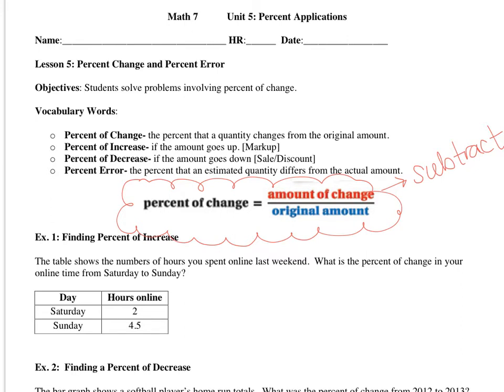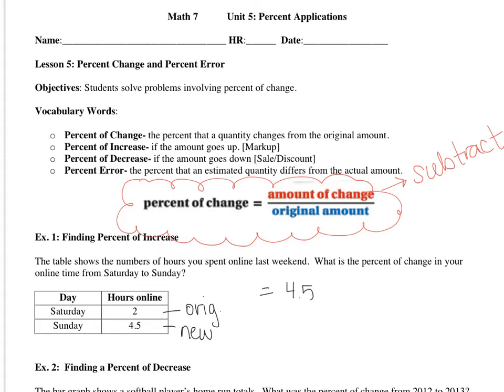In this case, Saturday comes before Sunday, so Saturday would be our original amount, and Sunday is our new. Remember, to find the percent change, we find out the amount of change, so change over original. We're going to be subtracting our new and original to find that change.